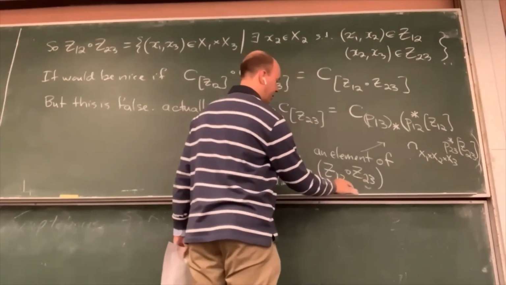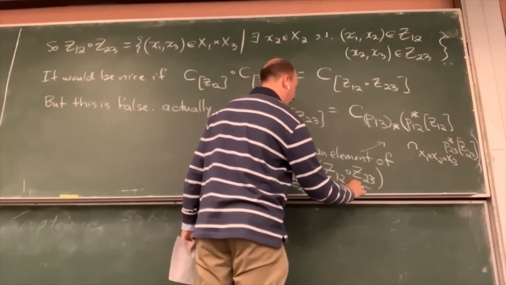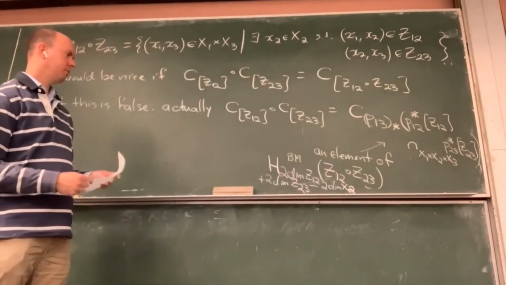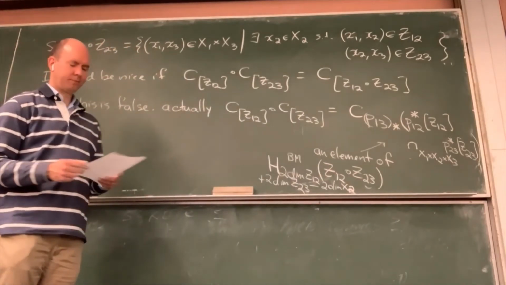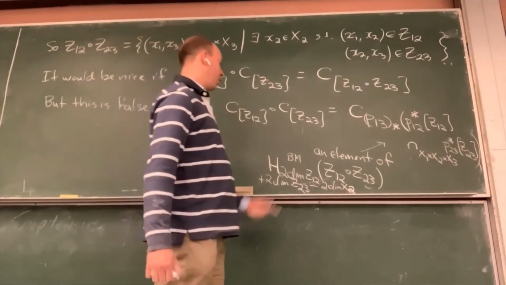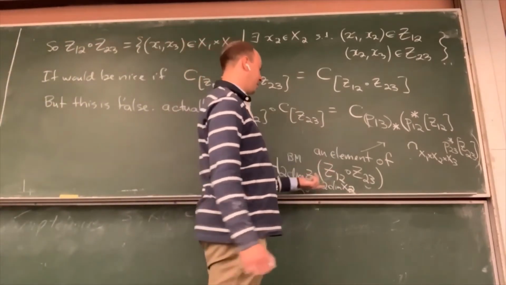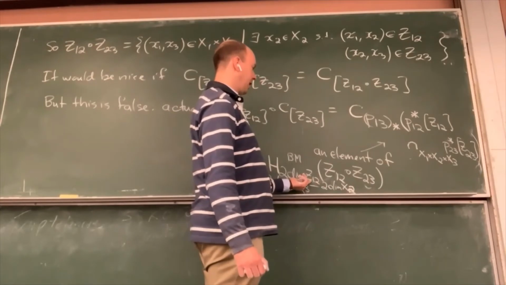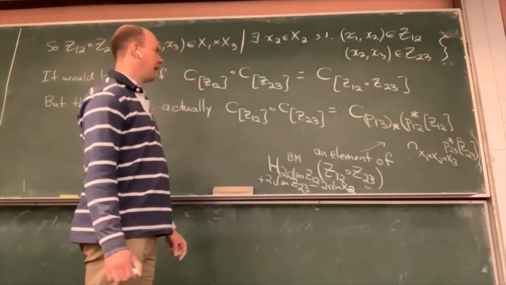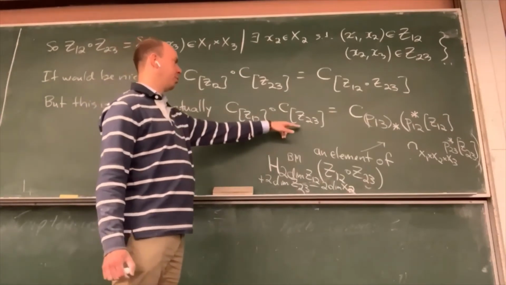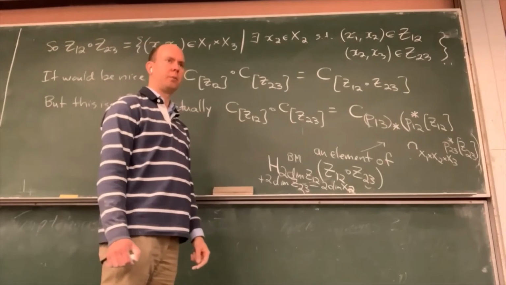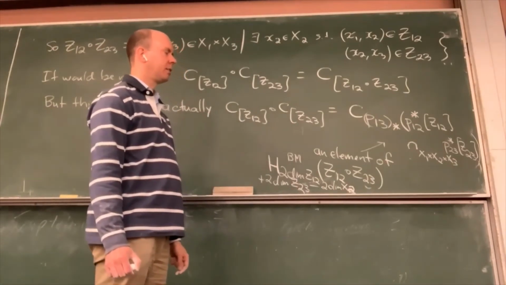Sorry, I've written that too small. So you can check that it is an element in the right degree Borel-Moore homology of this space in order to define a map between the Borel-Moore homologies from X3 to X1 with the correct degree shift that we expect.